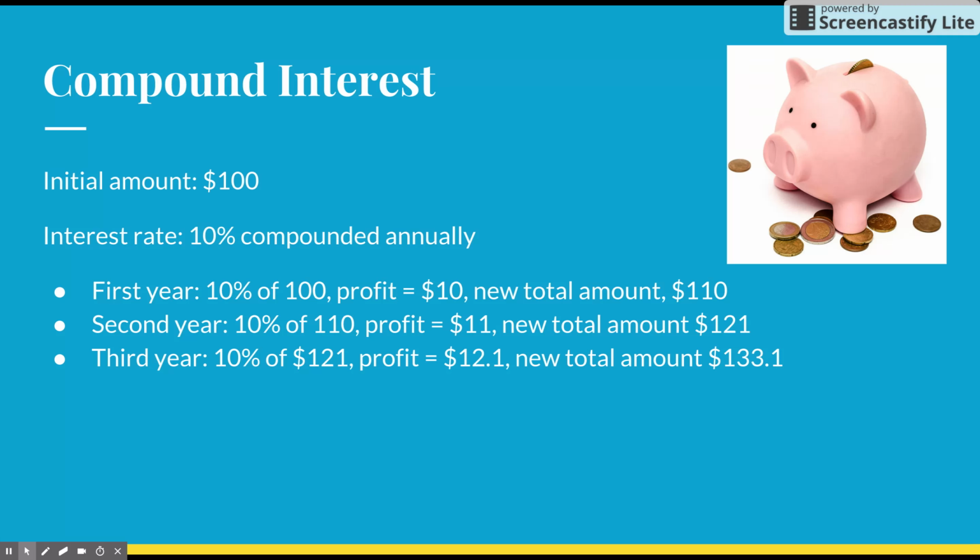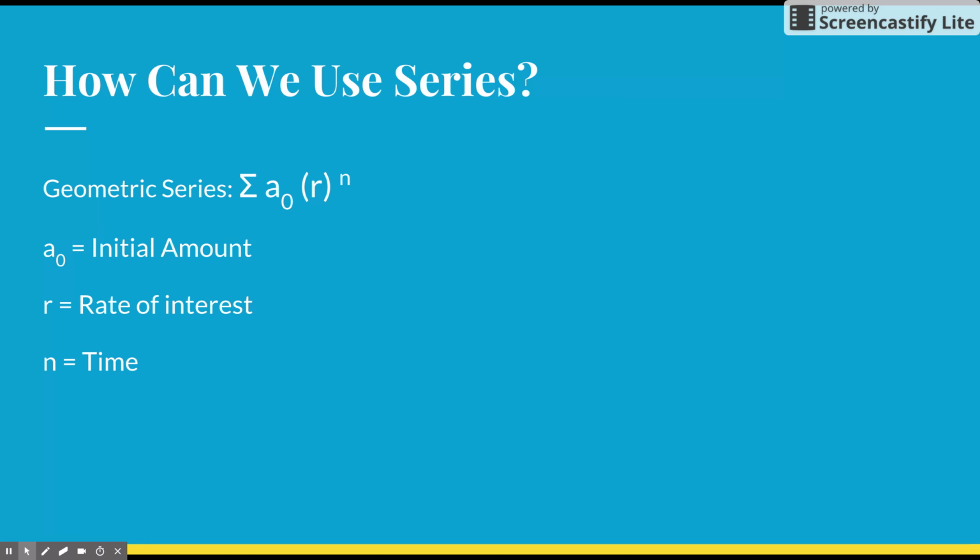So that second year, since it's compounded interest, you get 10% of your now $110 since the profit was added to it, which now brings you $11, gives you a new total amount, and then you put it in again for a third year, get however much of that, and then it keeps growing basically. That's what compound interest is. So it keeps giving you a fraction of itself, even with the new totals.